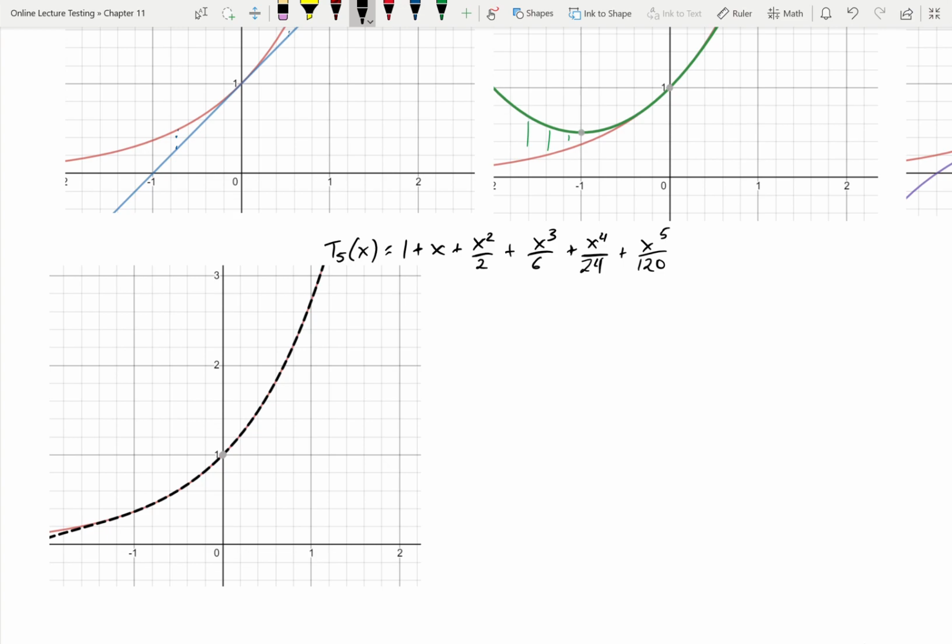In fact, since we said that it does have a power series representation, the further we expand out this Taylor polynomial, the more accurate it is, the more it becomes e to the x.